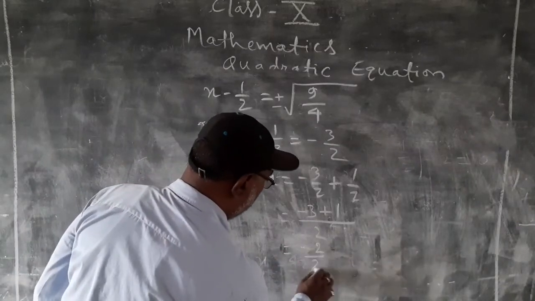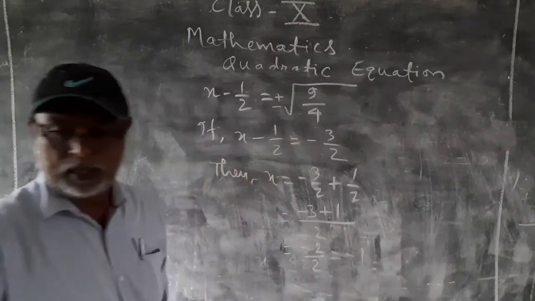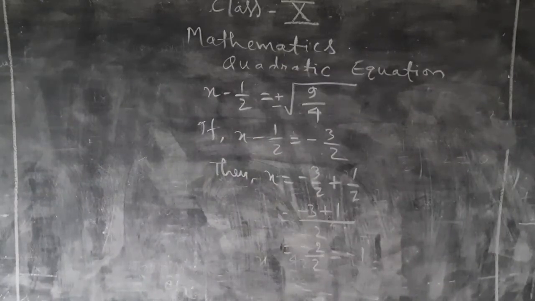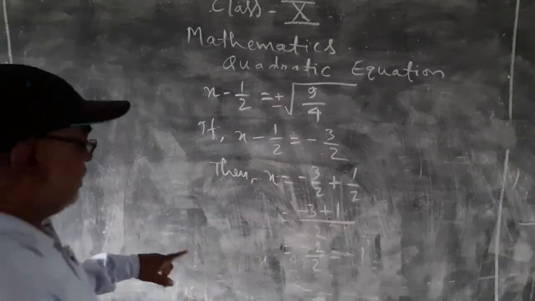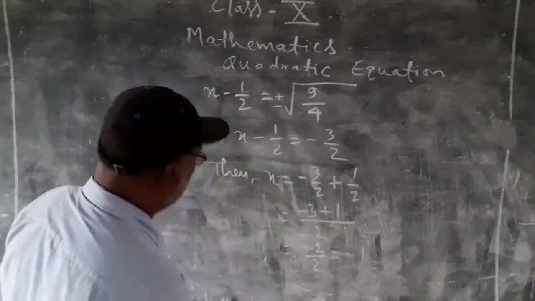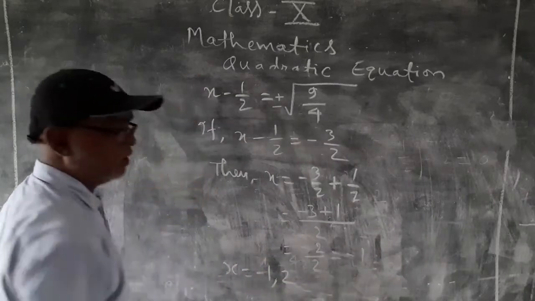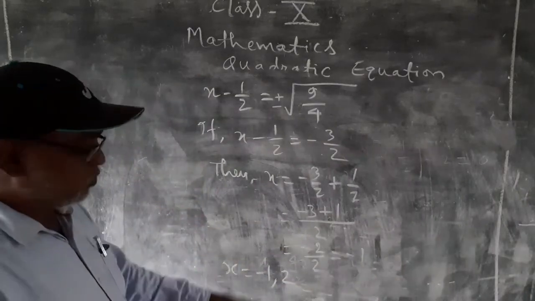Minus 2 divided by 2 is minus 1. Therefore, the roots of the equation are x equal to minus 1 and the other one is 2. These are the roots, minus 1 and 2.